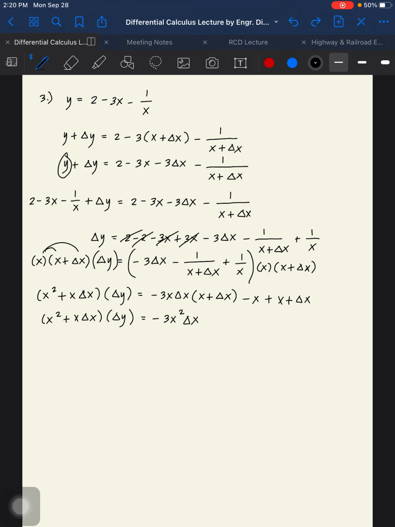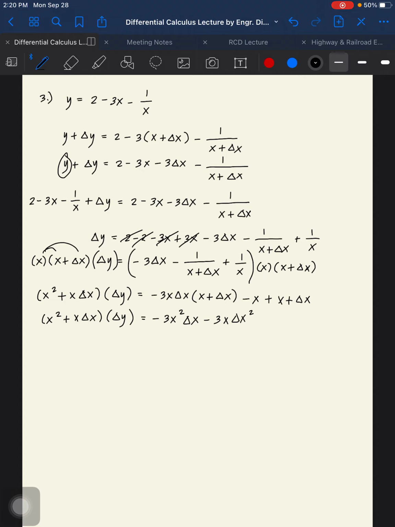So again, where are we? Next is negative 3 delta x. Again, as mentioned a while ago, delta x is a single entity. So we'll multiply this negative delta x with another delta x. So it becomes delta x squared. See the difference?